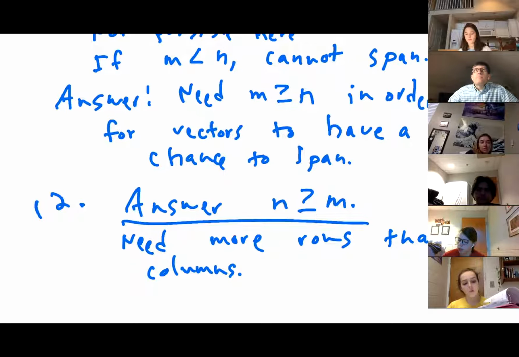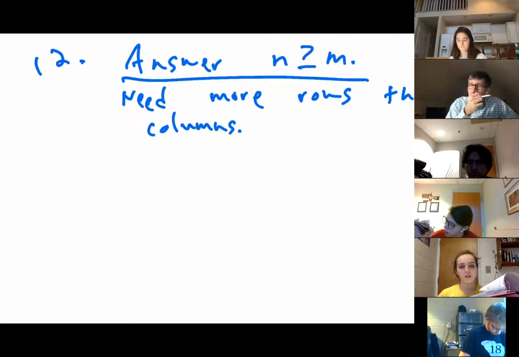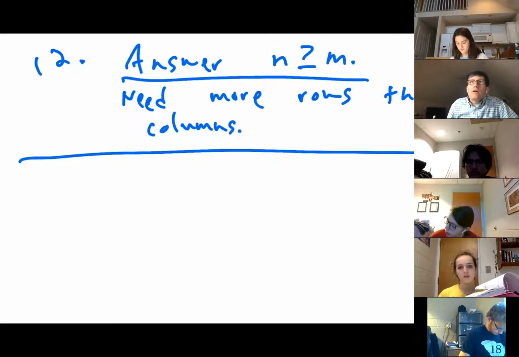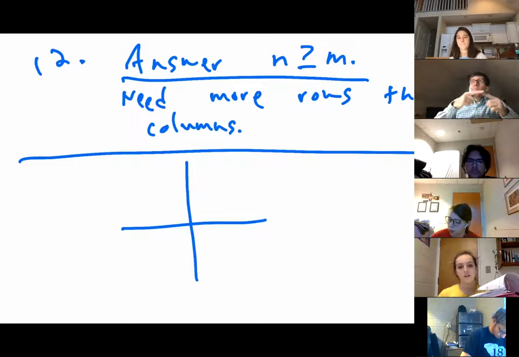Mhm. Cool. When you were just saying how you can have 3 directions but only spanning R2, would that mean, phrased in an example, a vector with 3 rows, but you're just trying to figure out if it spans R2, not R3? Well, if it has 3 rows, then that tells me it's R3. The number of rows tells you the dimension of the space you're in.